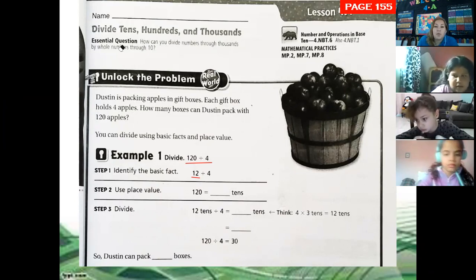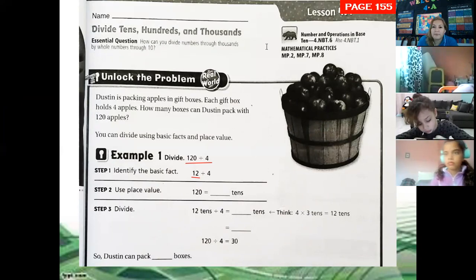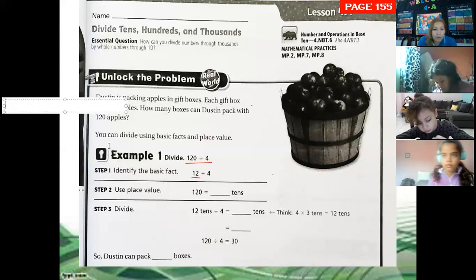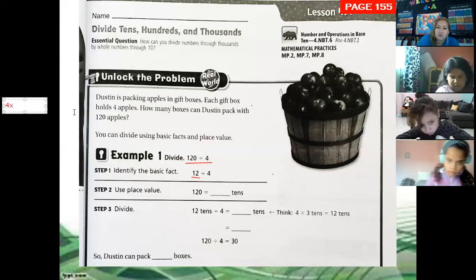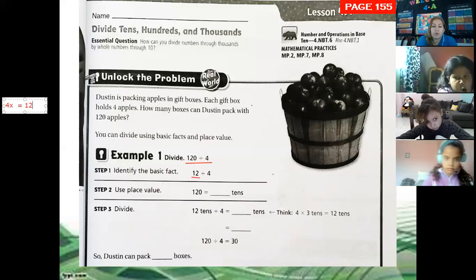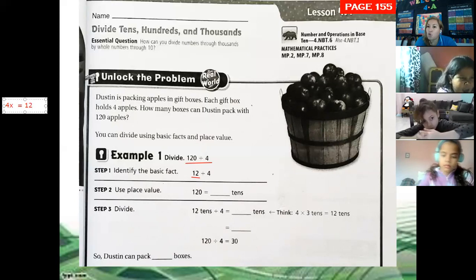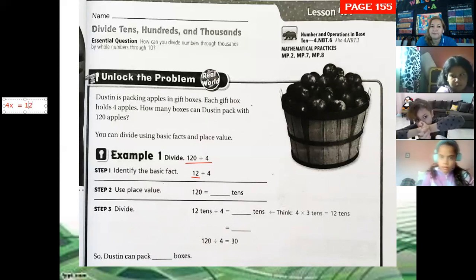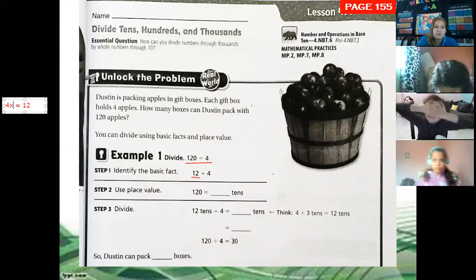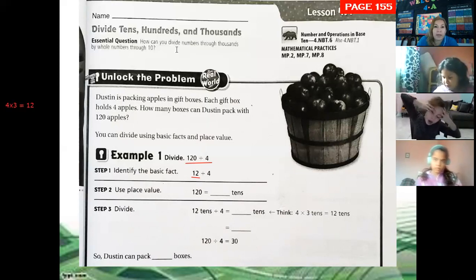So what do we have to do? We have to look for 12 in the table of 4. Remember that part? We multiply 4 times an unknown number equals 12. 4 times 3 is 12. Here it says use place value.